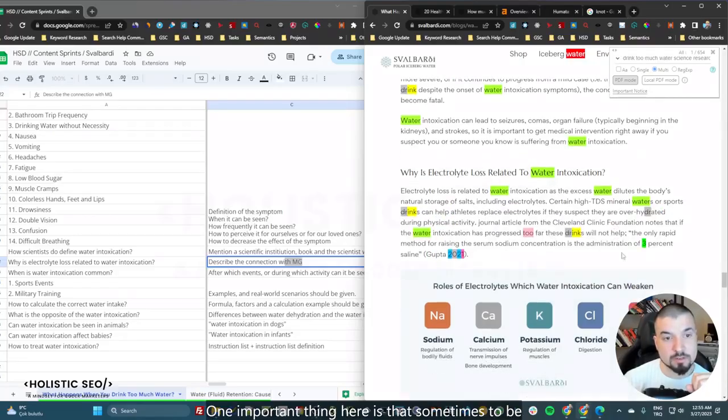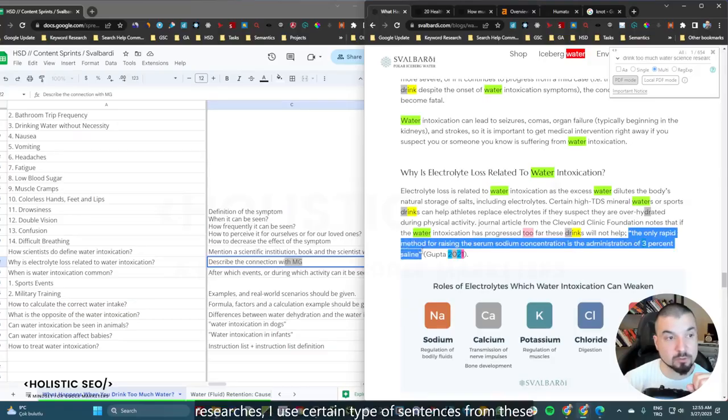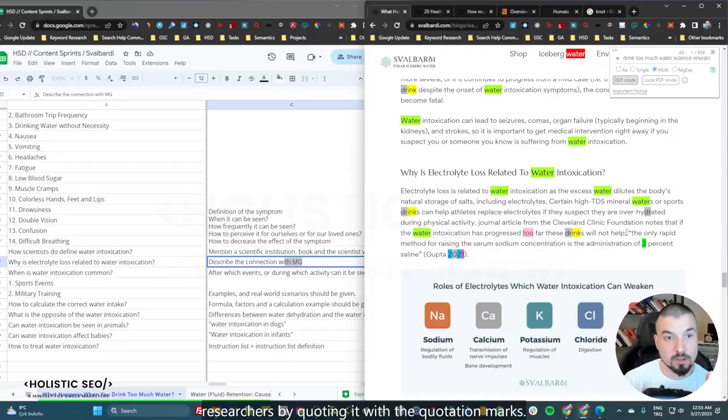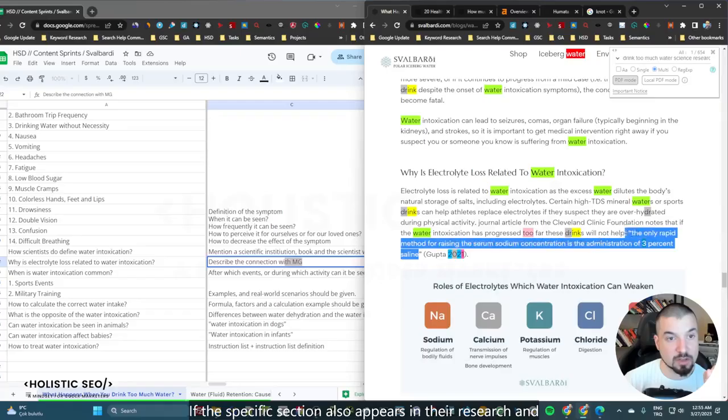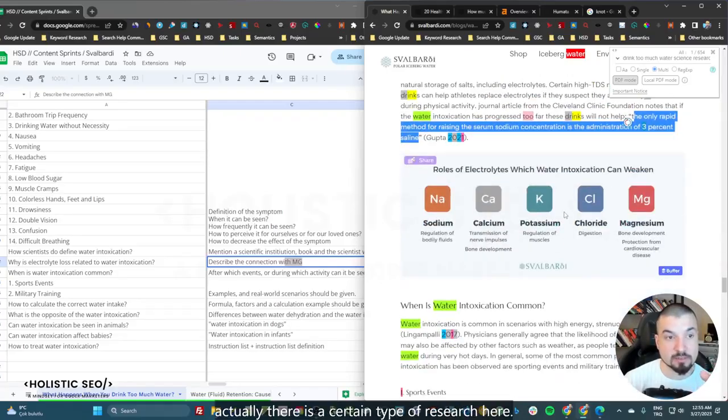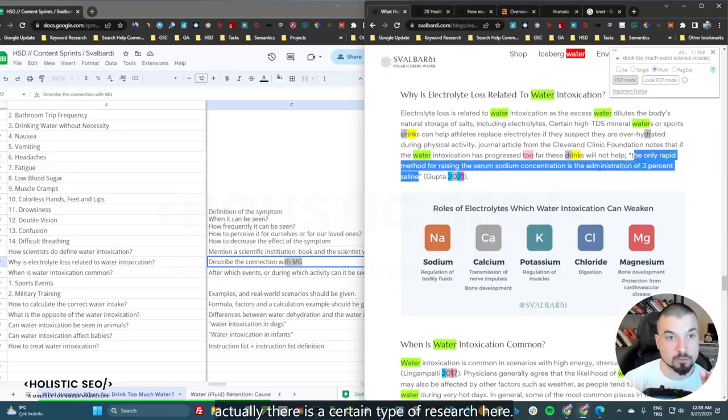One important thing here is that sometimes, to be able to associate it with a specific type of research, I use certain sentences from these researches by quoting them with quotation marks. If the specific section also appears in their research, and if I also cite them, it's a direct signal that there is a certain type of research here.